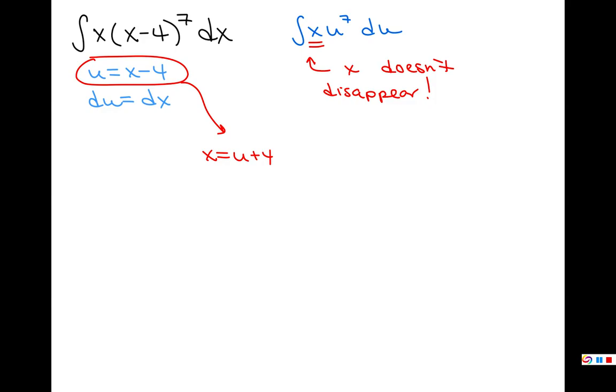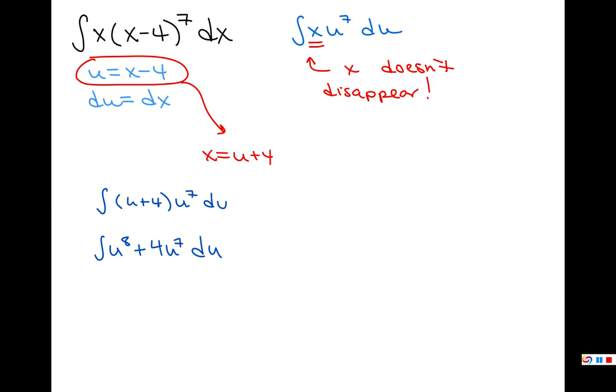If u is x minus 4, well then if I add 4 to both sides and solve for x, x would be u plus 4. So I can replace that x with u plus 4. Now I've got the integral of u plus 4 times u to the 7th du. Now my integral is in terms of u only, which is a good thing. There's still no product rule for antiderivatives.